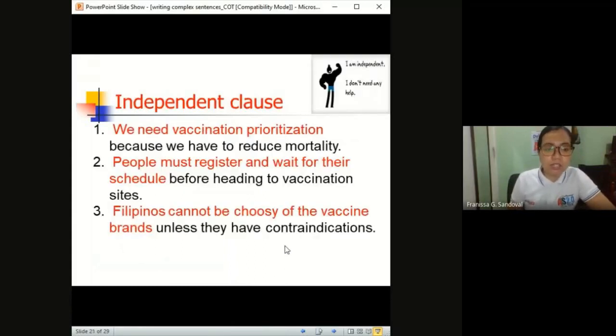Now, let's read again the sentences from our previous activity. Number 1, we need vaccination prioritization because we have to reduce mortality. Number 2, people must register and wait for their schedule before heading to vaccination sites. Number 3, Filipinos cannot be choosy of the vaccine brands unless they have contraindications.